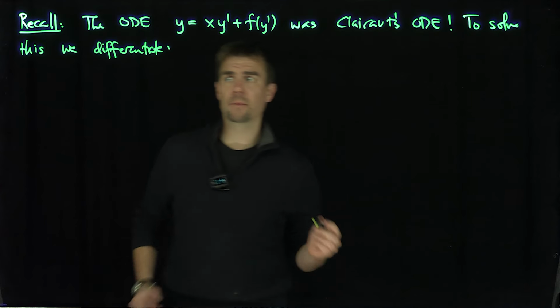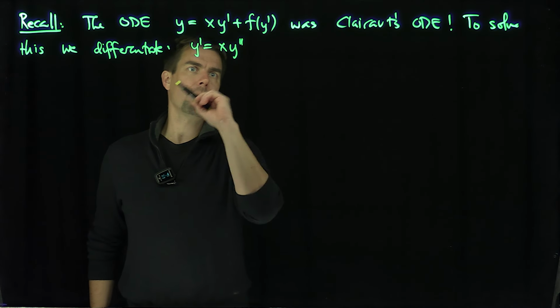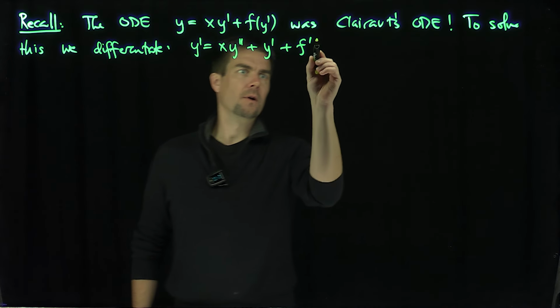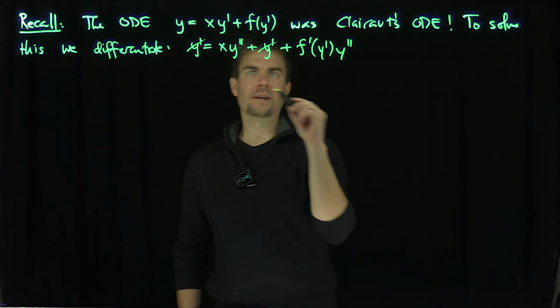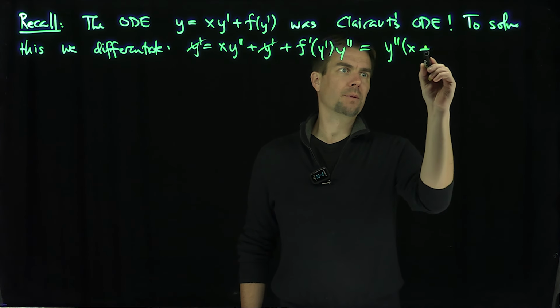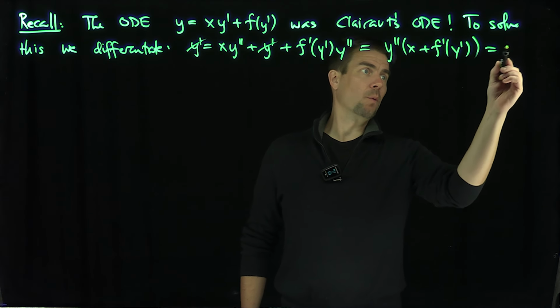It still persists a little bit. So if we differentiate this, we get y' is equal to xy'' plus y' plus f'(y') y''. And remarkably, the y' terms cancel out, and this factors as y'' times (x plus f'(y')) equals 0.